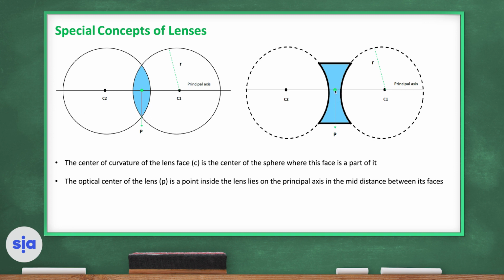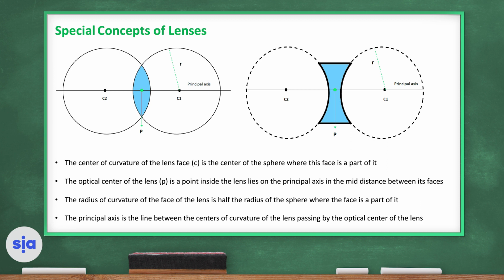So the pole is a point inside the lens, and it lies on the principal axis in the mid-distance between its faces. The radius of curvature of the face of the lens is the radius of the sphere. The principal axis is the line between the centers of curvature of the lens passing by the pole, what we call the optical center of the lens.